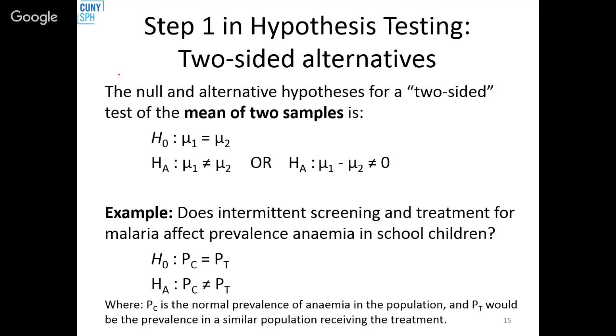We haven't done anything yet with two samples, and we won't actually do the nuts and bolts methods for two samples until the next class. But I do want to write down the null and alternative hypotheses. So instead of there being that mu0, the hypothesized population mean, we're looking at two populations here.